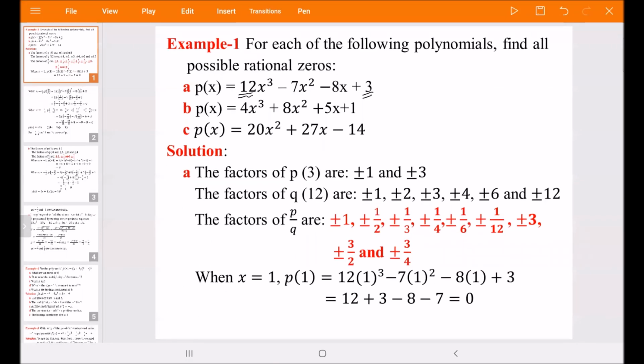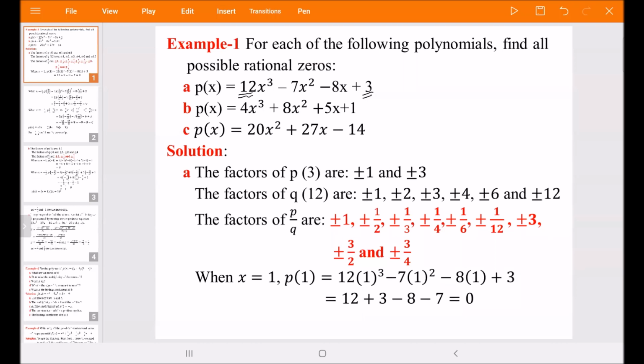Okay, so when x is equal to 1, evaluating the given polynomial at x equal to 1 means simply adding the coefficients of this polynomial. 7 minus 7 minus 8 is minus 15. 12 plus 3 is 15. 15 minus 15 is 0.